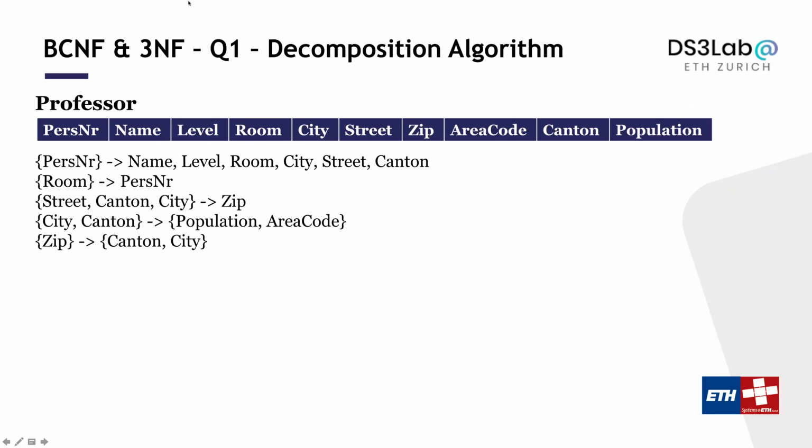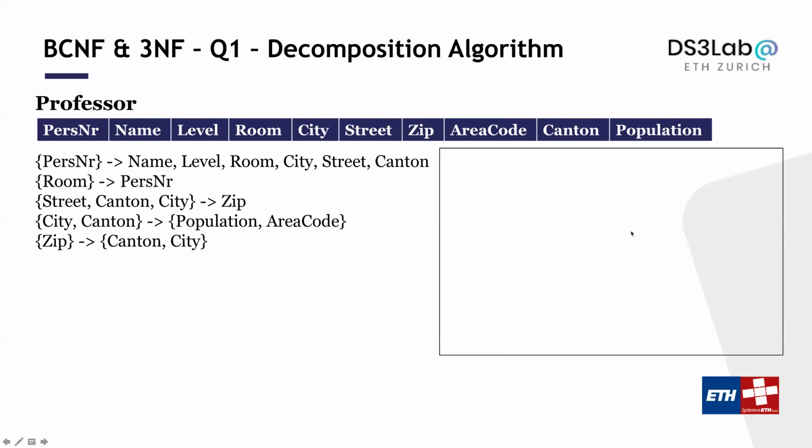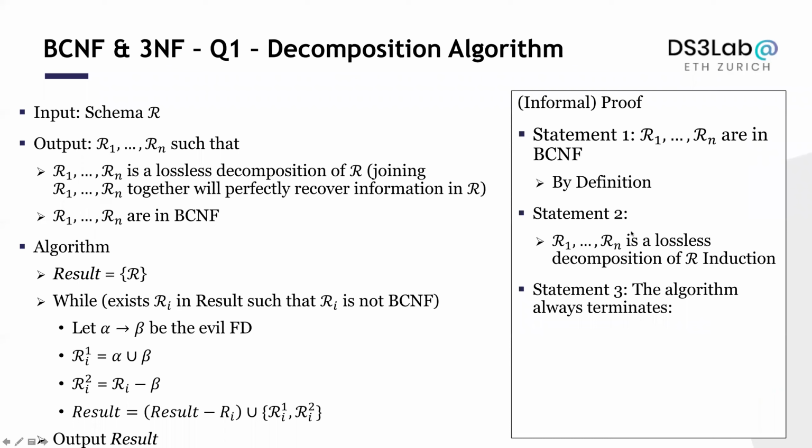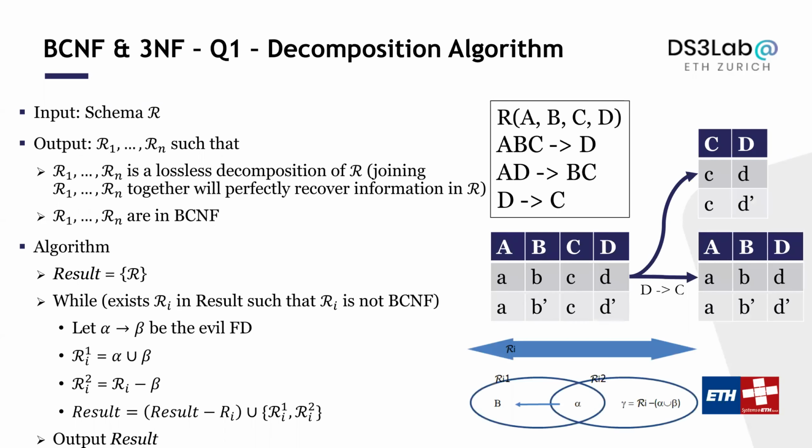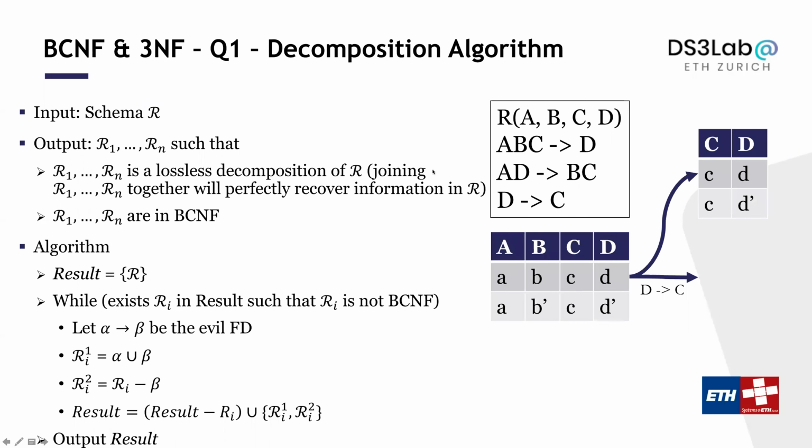Hello. Go ahead. There was some confusion in the chat. I think there were 2 relations, the one before and the one before that, where we had 3 functional dependencies.